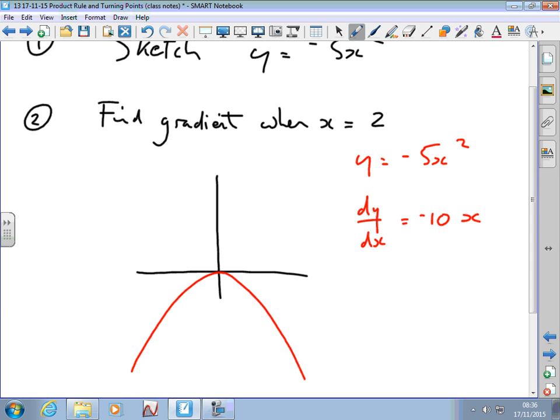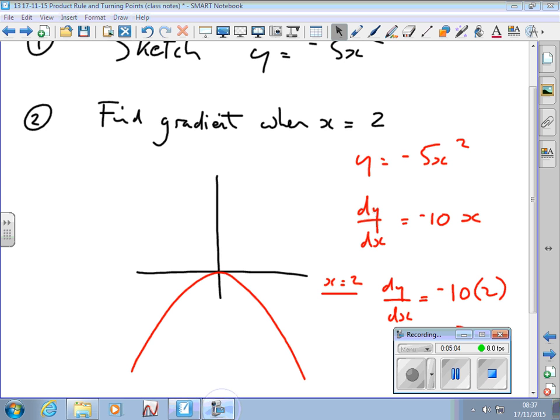And now all I've got to do is if x equals 2, I want to find the gradient at that point, so I let x equal 2. So the differential equals minus 10 times 2, which is minus 20. Dead easy, if you remember how to differentiate and you remember what the differential tells us.